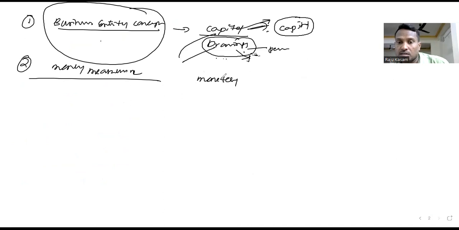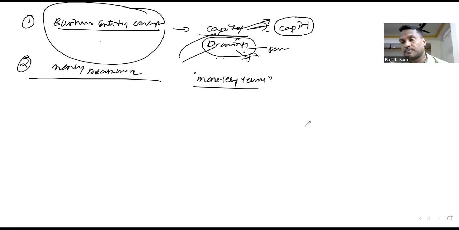If any event or any transaction, whatever it is, it could be recorded in accountancy books in monetary terms only. Other than monetary terms, if anything is recorded in accountancy books, there is no use, and it is not possible to know the profit or loss of the business accurately.